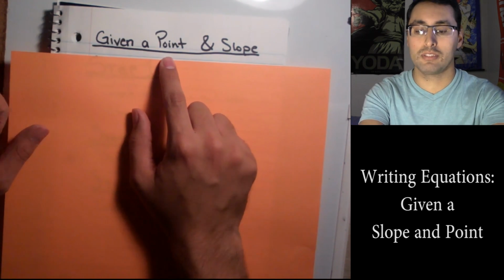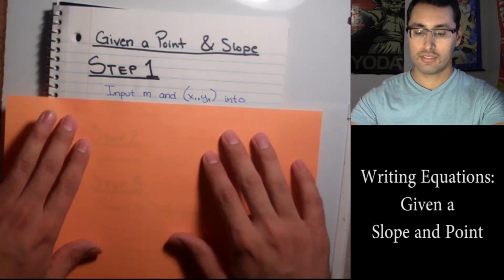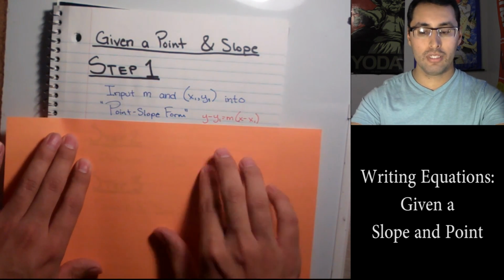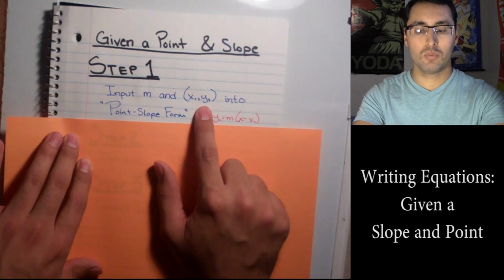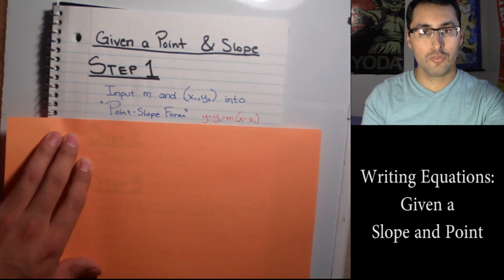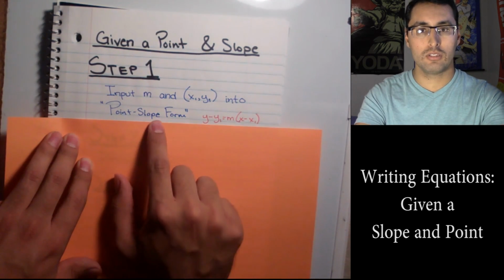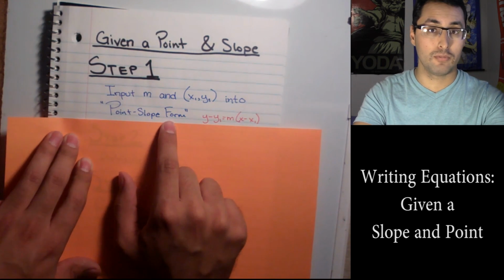Okay, so I'm going to give you the steps. Step 1 is to input m, and over here I put x1, y1, that's the point, into a new formula. It's called point-slope form, whereas before we had slope-intercept form.